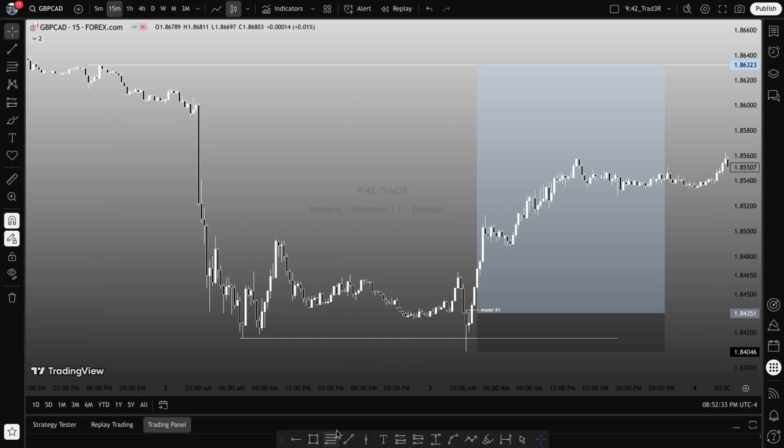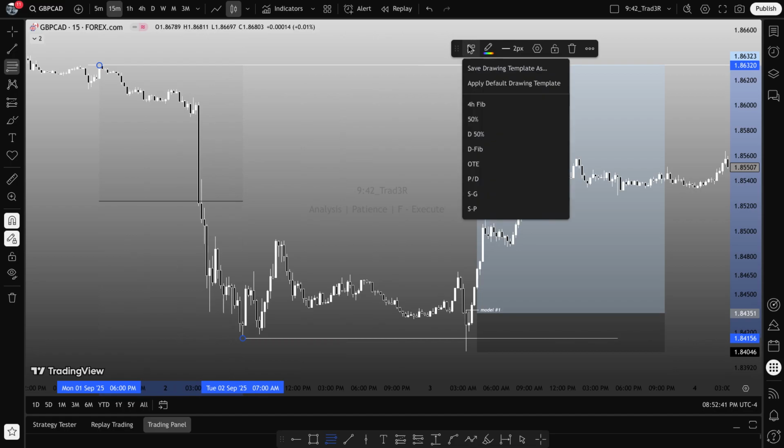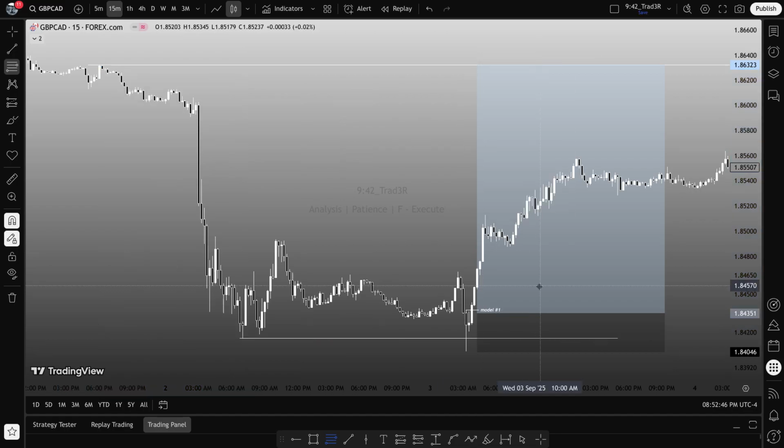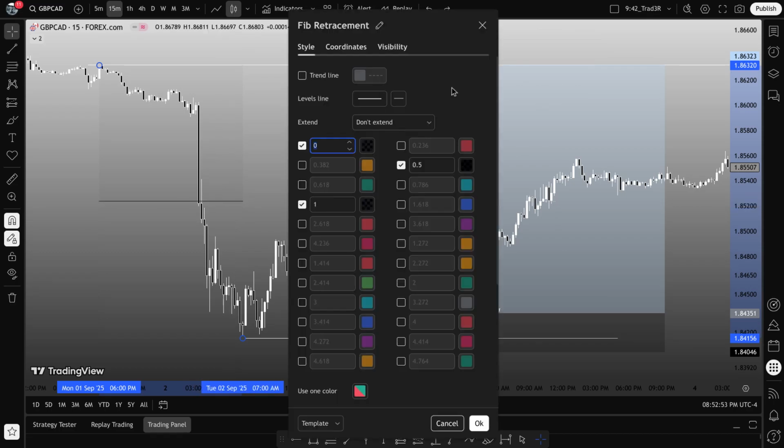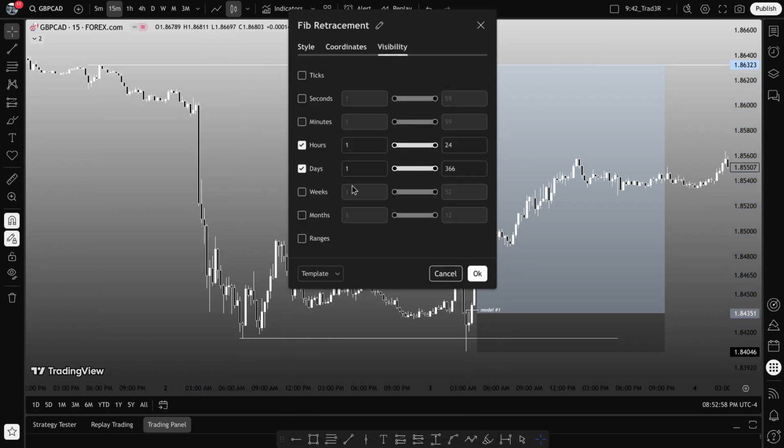And normally the range trading rule says we should take partials at the 50% of the range. So 50% of the range is, let me make the template visible on this particular time frame as well.